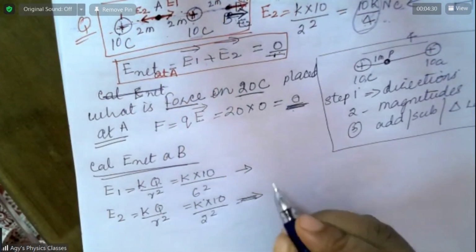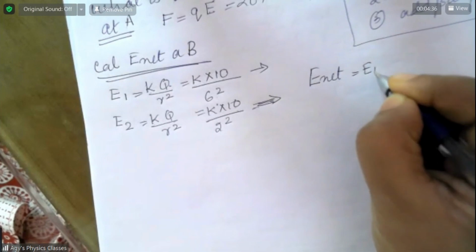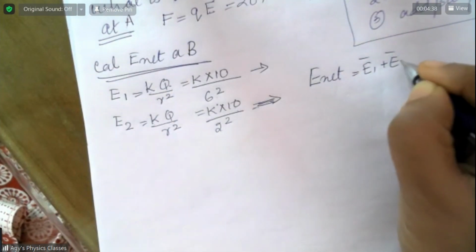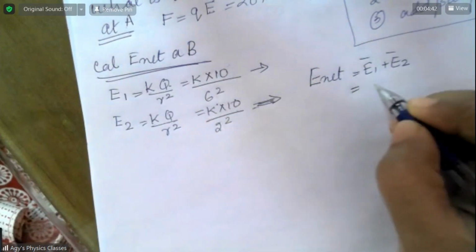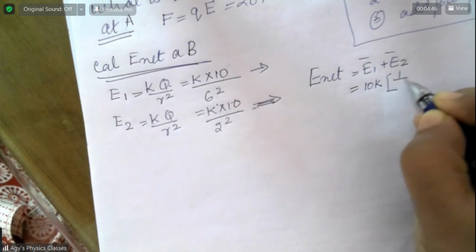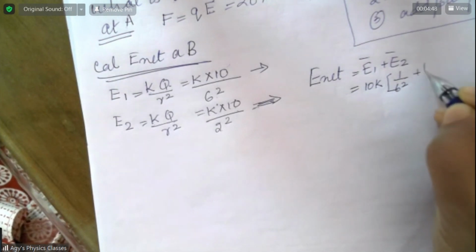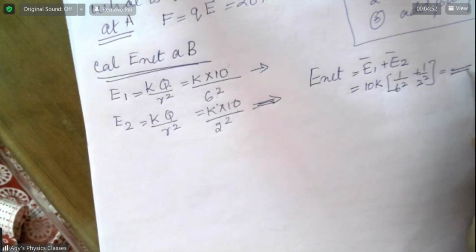So what you have to do? The net electric field E net is the vector addition of E1 plus E2. What is common here? 10K. 10K into 1 by 6 squared plus 1 by 2 squared. And you find the answer in this direction.